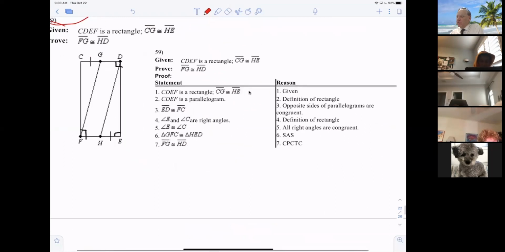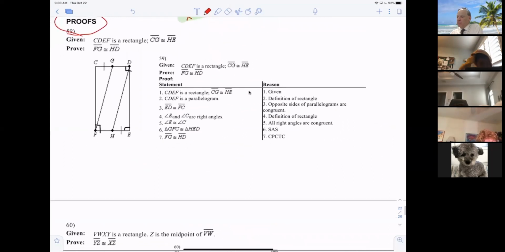So let's look at this proof real quick. So it's a rectangle. Now, because it's a rectangle, it's also a what? It's also a parallelogram. Now, I'm trying to prove that FG is congruent to HD.